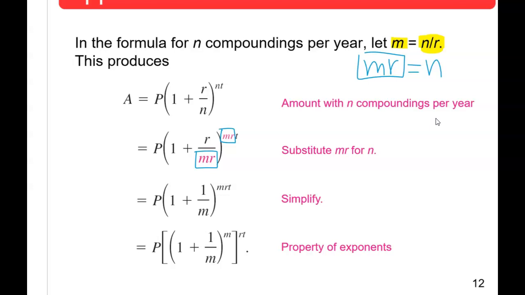So if we simplify this, because you have r here and here, that is equal to 1, so they cancel out. So then we have 1 over m here, and then here we have the mrt that was still from here.